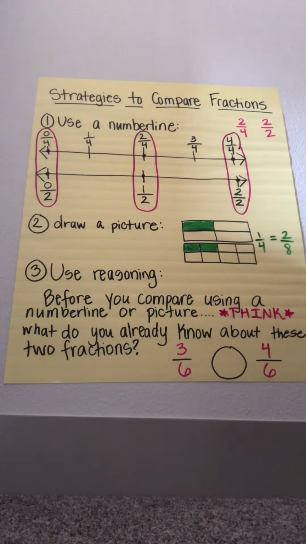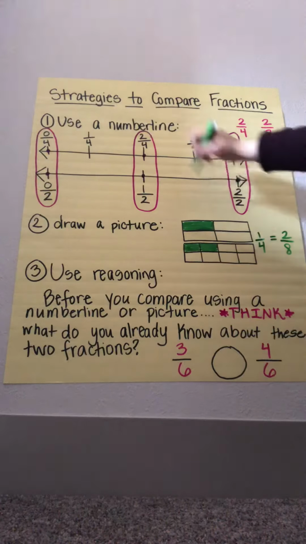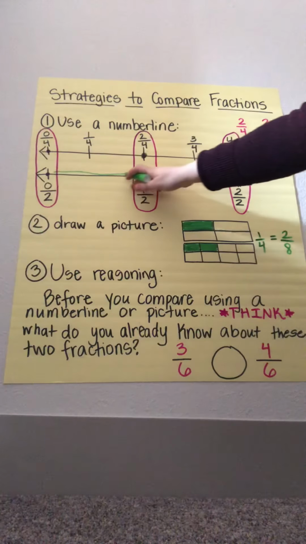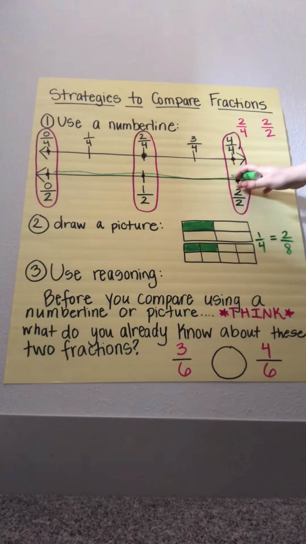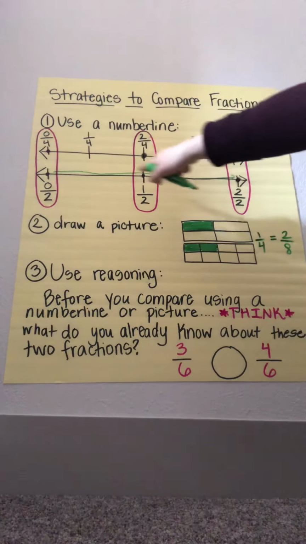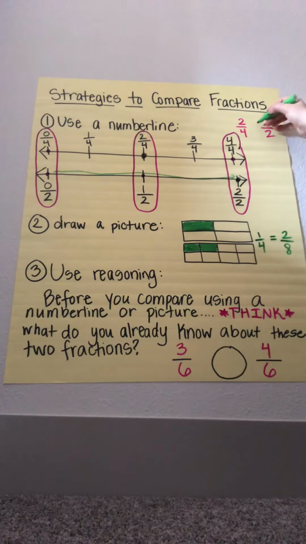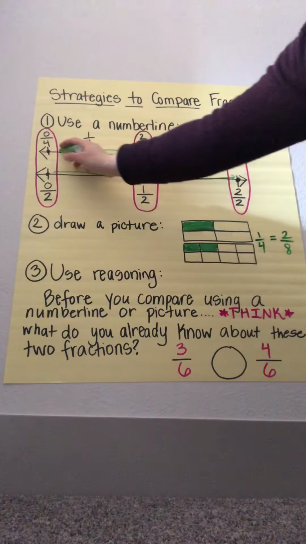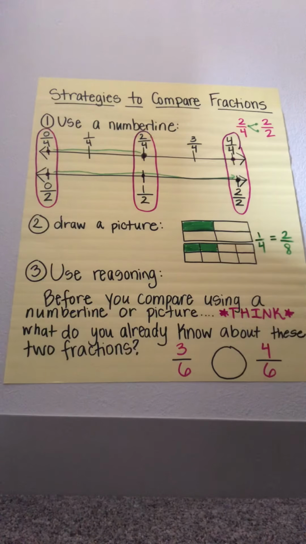Oh, so when I compare them, if 2/2 is over here and 2/4 is over here, I know 2/2 is bigger than 2/4 because it covers more space on the number line. So I would put my 2 dots next to the bigger number. I notice 2/2 is greater than 2/4 because 2/4 is covering less space on the number line.